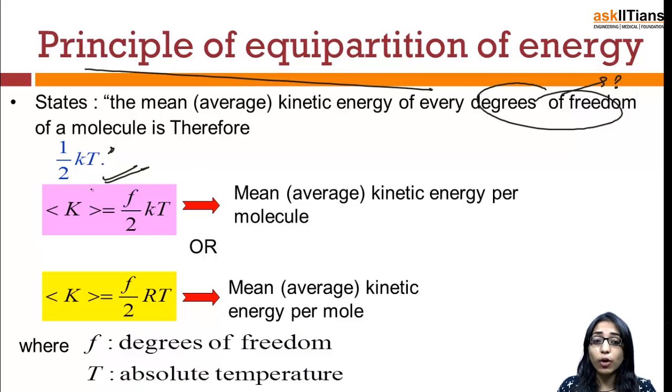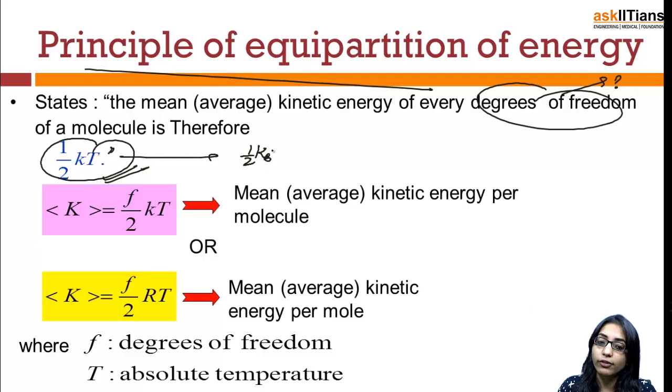Here, for 1 degree of freedom the kinetic energy is half kBT, and if there are f degrees of freedom, then the total kinetic energy, which will generally be an average value, will be f by 2 into kBT.